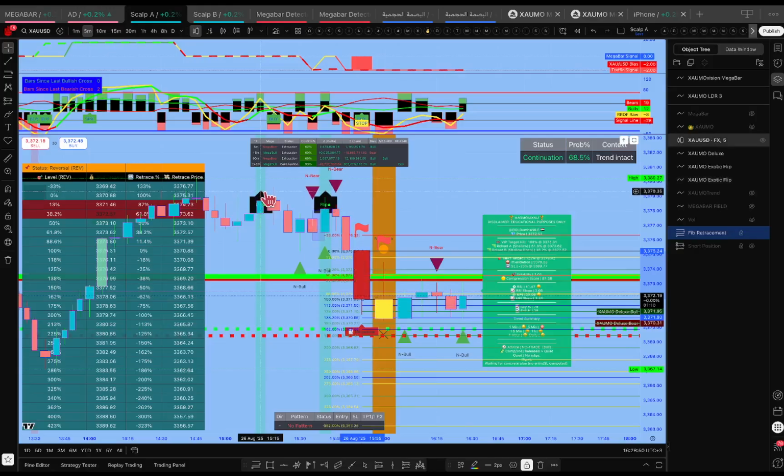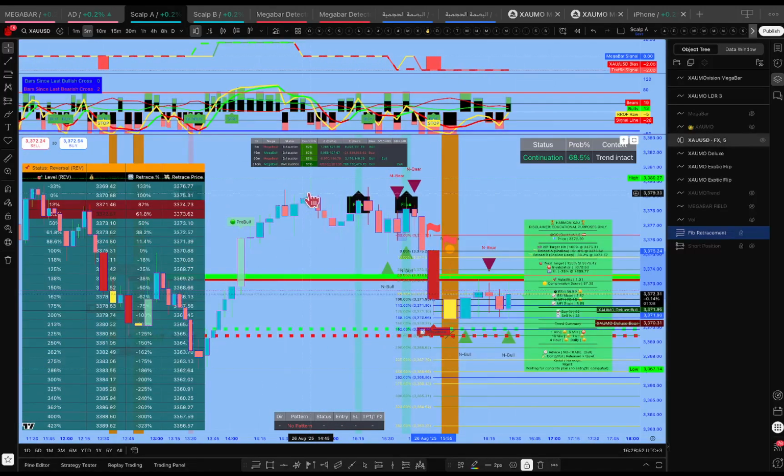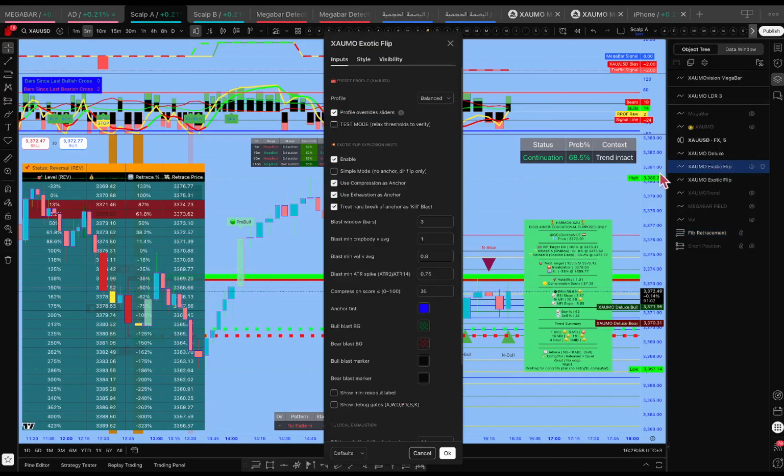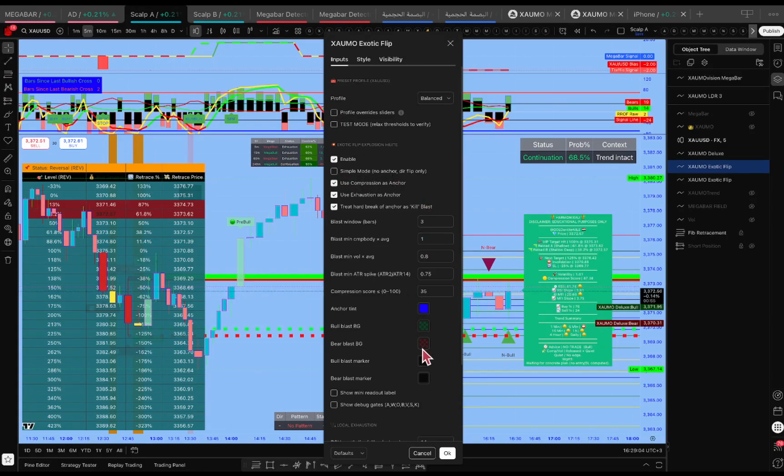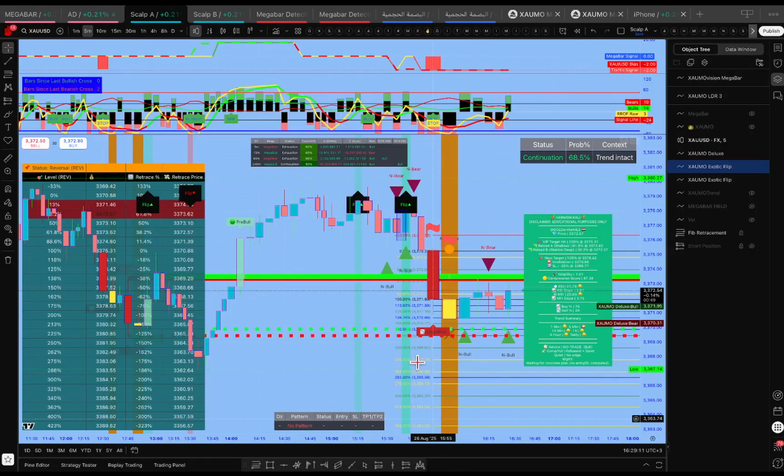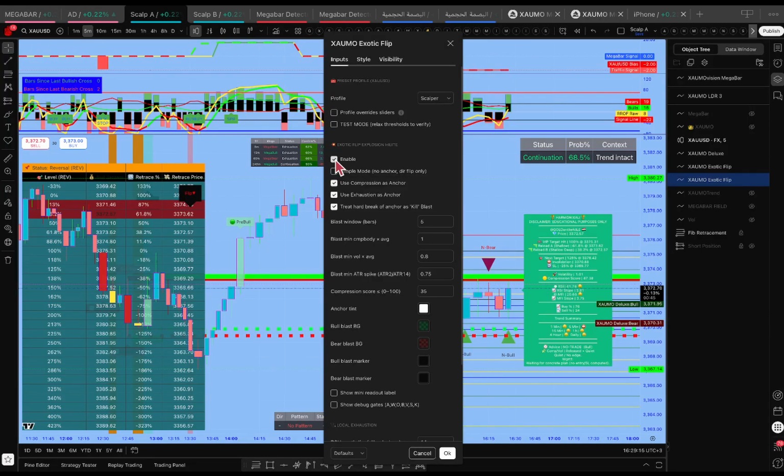Those flips did not finish, were not successful flips, because as you see here, the exotic flip is a profile. New, let's enable, yes, here we go. This is the settings that you want, this is the first setting, and this is the second setting. Enable.